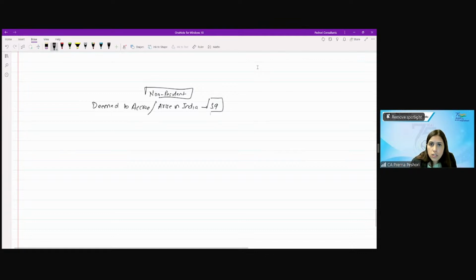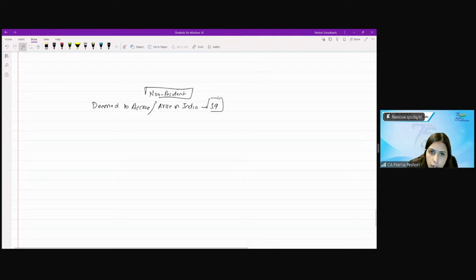That's the question. For resident, yes, Chini, you are right. The global income is taxable. So this section 9 is irrelevant because any which ways, whether the income accrues or arises in India or not, the income will be taxable in India for resident. So section 9 is not at all relevant for the resident, except in the case of the RNOR.